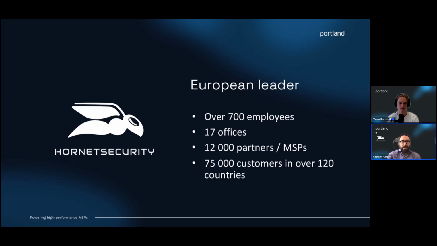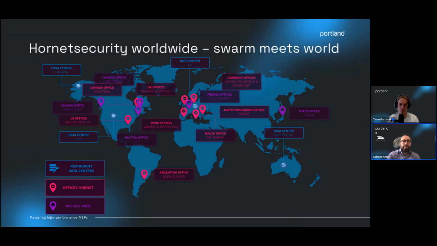As I was saying, we are one of the European leaders. Today we have over 700 employees and 17 offices. We address 12,000 partners or MSPs, and we have 75,000 customers in over 120 countries. So we have a worldwide presence, as you can see in these slides. I won't annoy you with every single office that we have, but what's important is that we have a very wide presence worldwide.